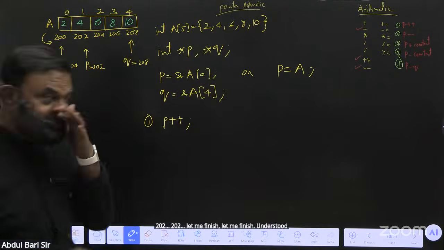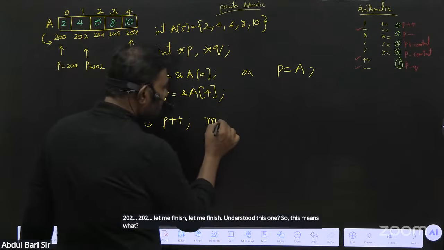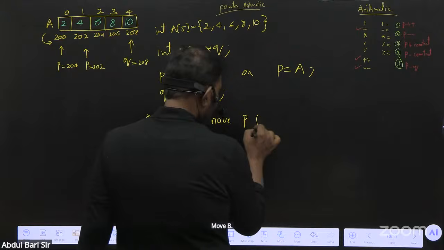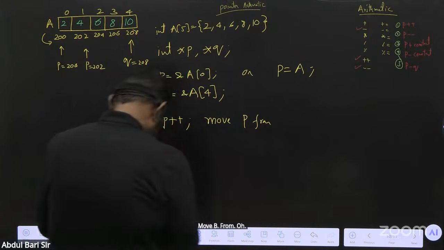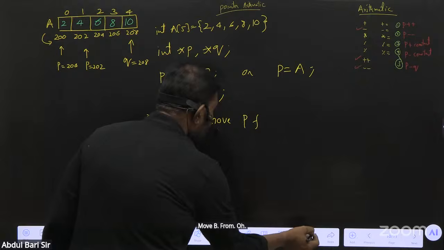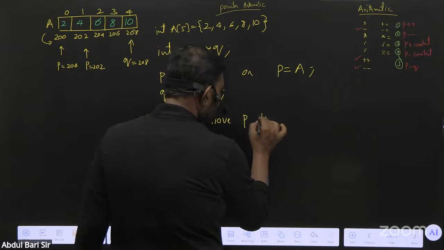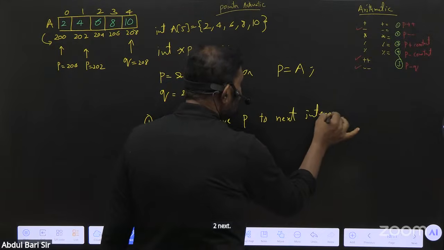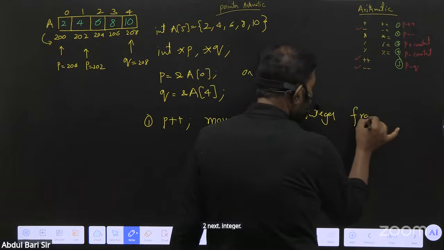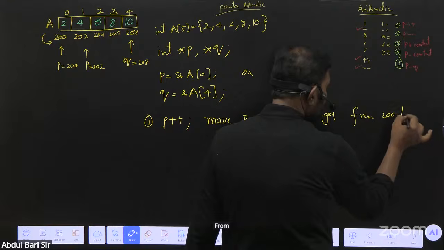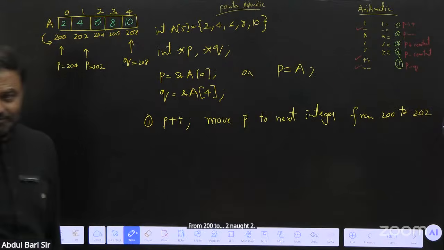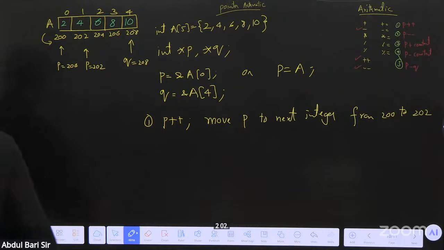Understood this one? This means move P to the next integer, from 200 to 202. All right, you just have to listen.